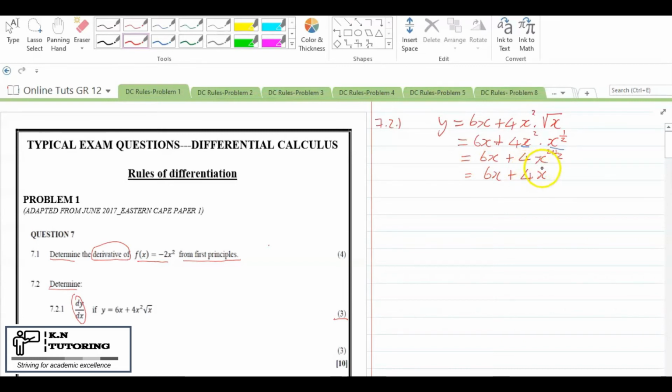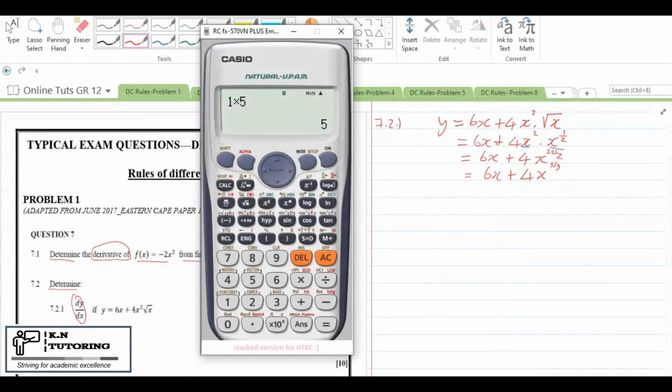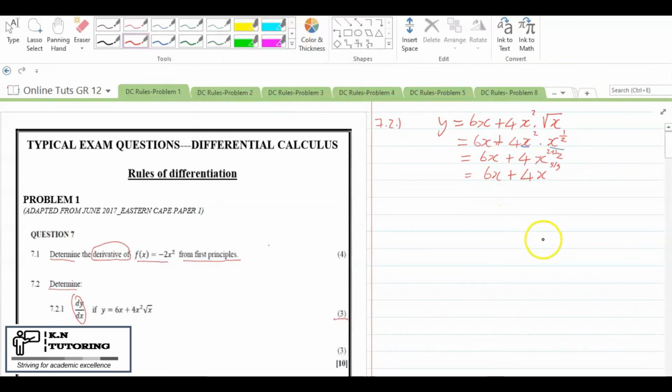Let's quickly confirm that using a calculator. Okay, the calculator is giving us problems. I'm just going to continue, but yes, 2 plus 1 over 2 is 5 over 2.